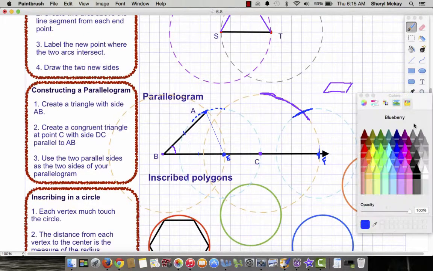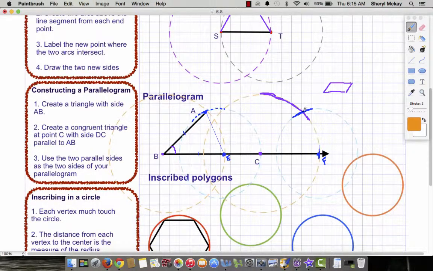Now I've created where D goes, right there, and that's point D. So all that I did in creating a congruent triangle, I did a triangle here and I copied it over here. The main goal was to create my parallel side, which is CD.